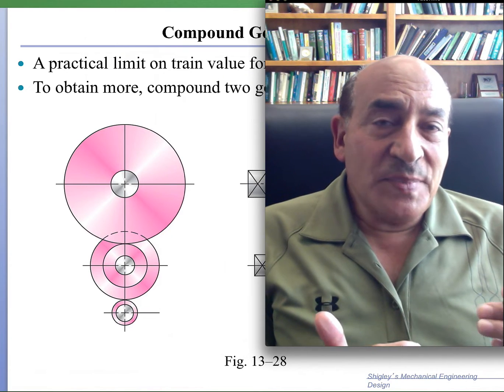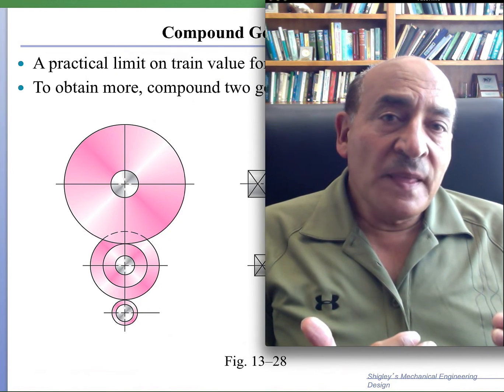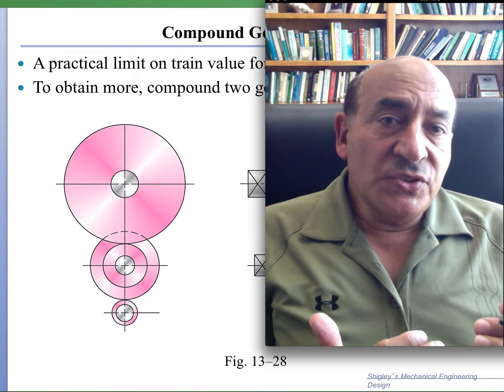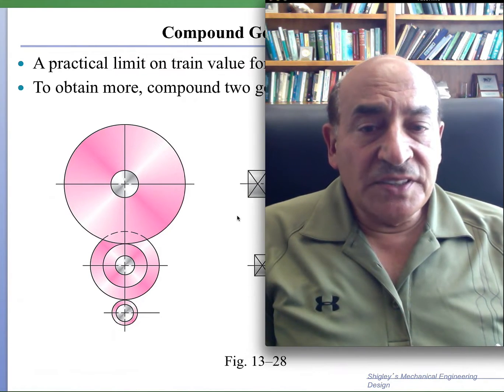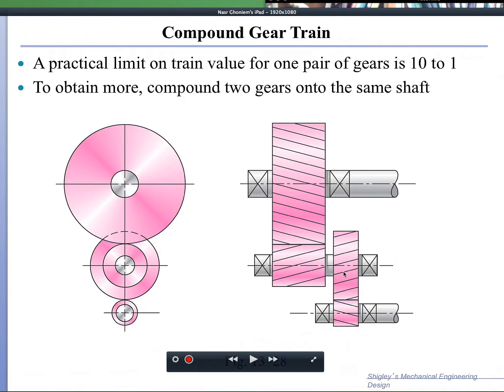However, because space is sometimes limited, we use a technique called compound gearing. In compound gearing, we put two gears on the same shaft. If you look at this intermediate shaft, there is an input shaft here with the pinion.